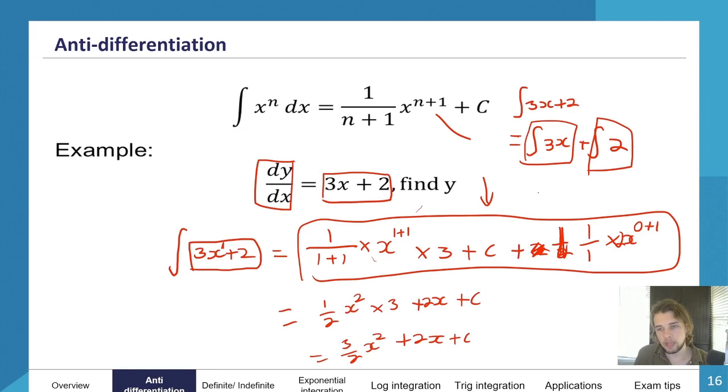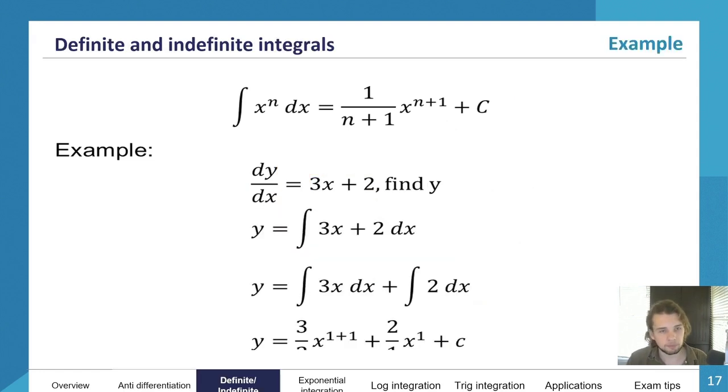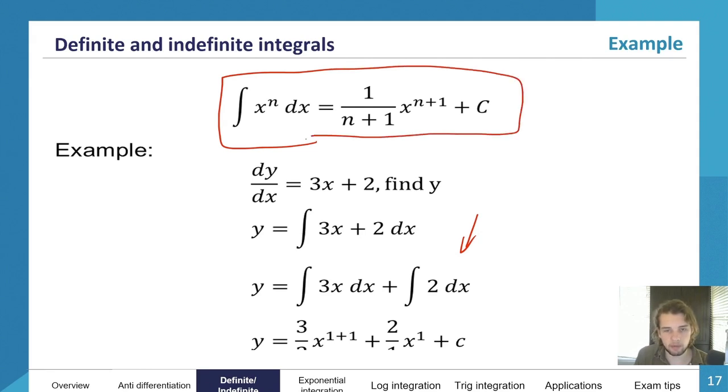Each one would have its own c, but that culminates in one c because c is any constant value, so any two c's add together into one constant value. So over here they used that strategy. They split it into two to make it more obvious that you can utilize this formula.